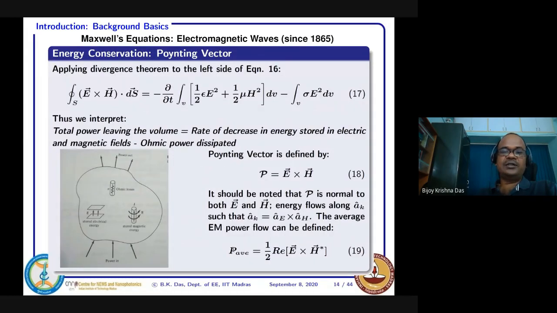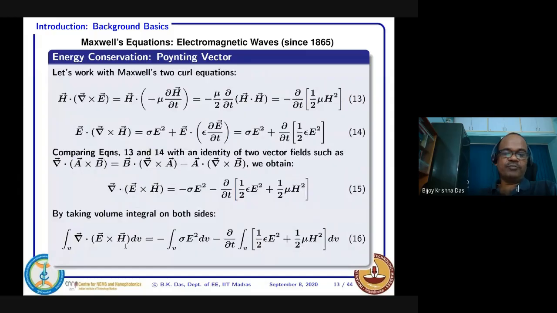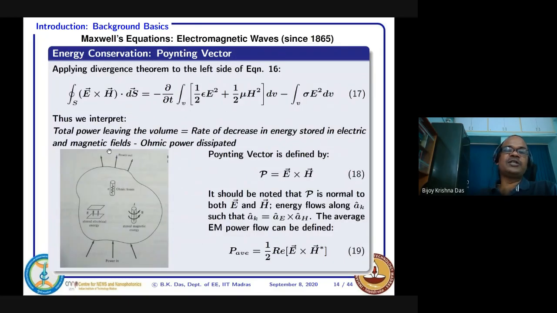The left hand side is the volume integral of the divergence of a vector. I think you have learned already in your vector calculus the divergence theorem. The volume integral of the divergence of a vector can be written as a surface integral of that vector, the dot product, over the closed surface that the volume occupies.